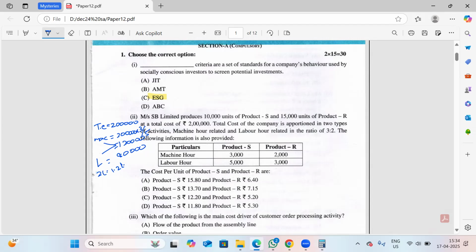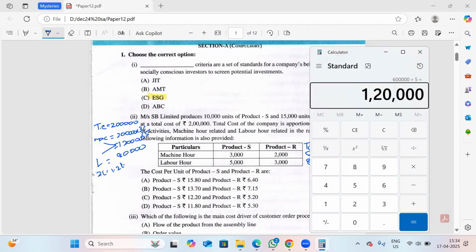We can segregate this on a per hour basis: 1,20,000 divided by 5,000 gives 24 rupees per hour.